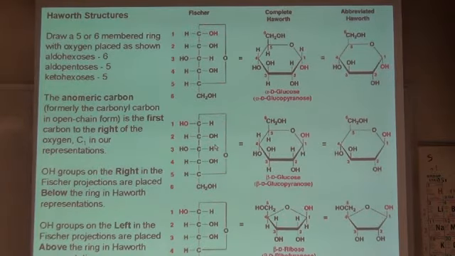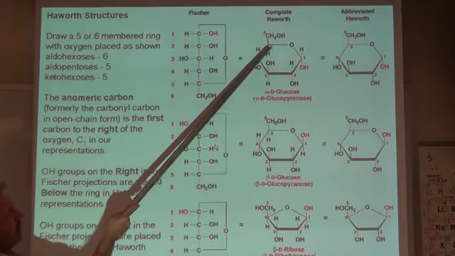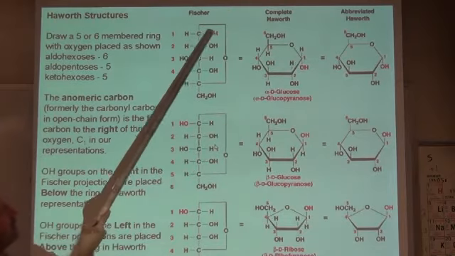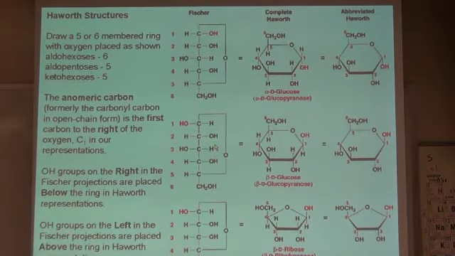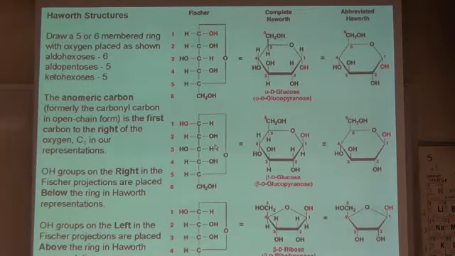Okay? Does everybody understand it? Yes? How do you know what carbon number, what OH to look at? Well, when you close the ring, right, the C5 hydroxy attacks carbon number 1. Now, on the Fischer, the most oxidized carbon, remember in organic chemistry, we always numbered our chain from the double bond.